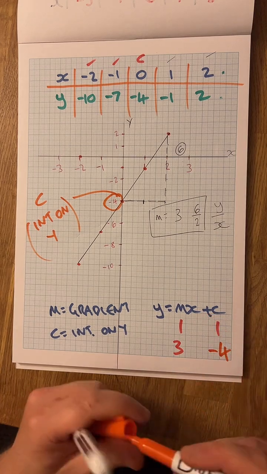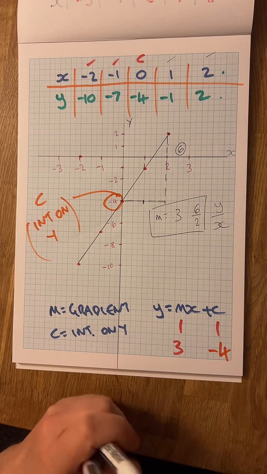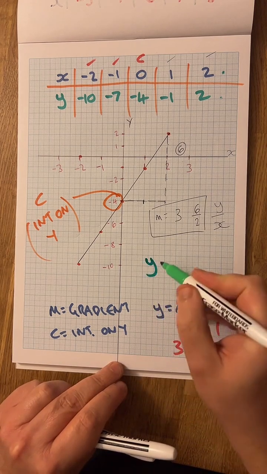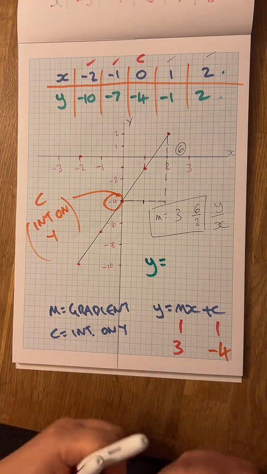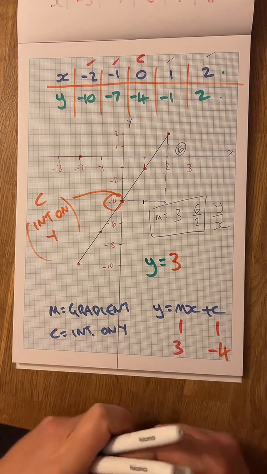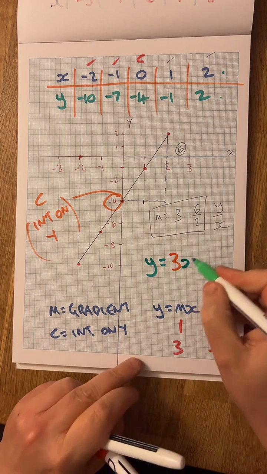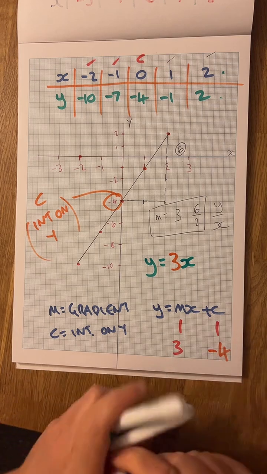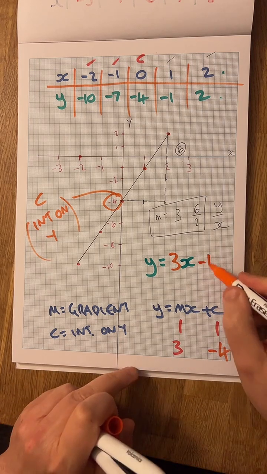Okay, so the rule of this straight line is Y equals M, which is going to be 3x. C was -4, so you can just put in -4.